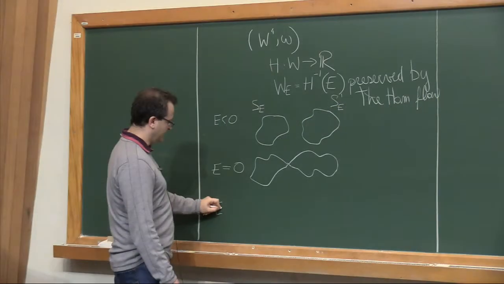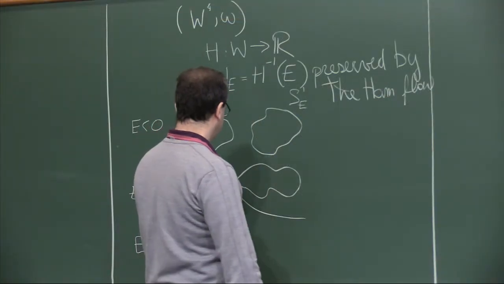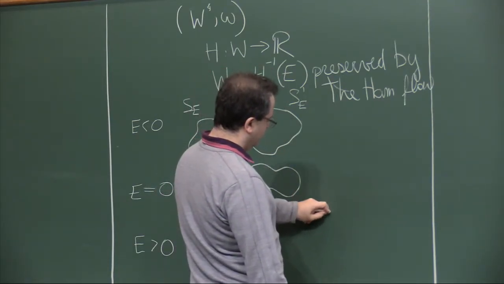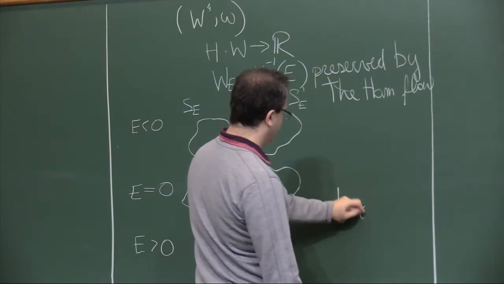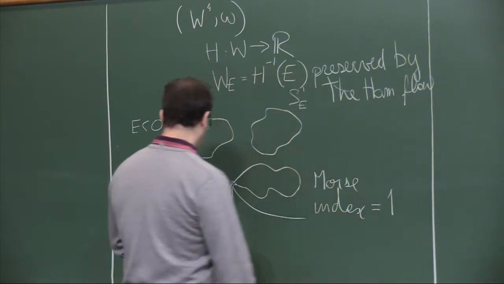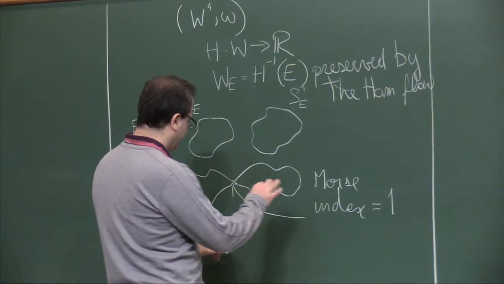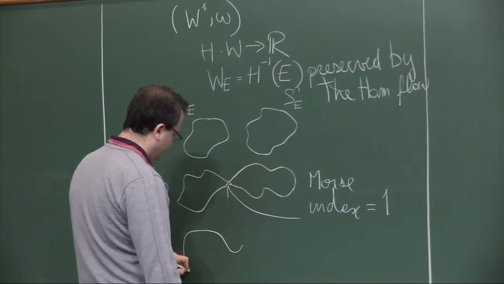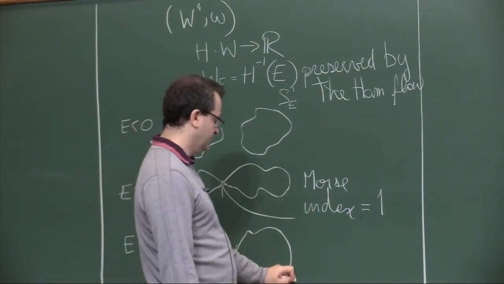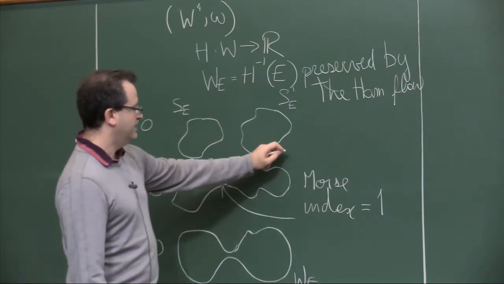And for energy slightly above zero, we assume that this is a non-degenerate critical point of the Hamiltonian function with Morse index 1. So for energy slightly above, we have this one handle attachment, and the energy level looks like that. So this would be WE. Let me denote here S0 and S0 prime.